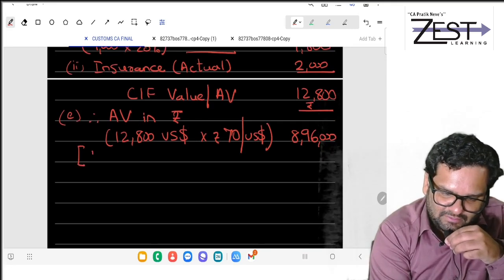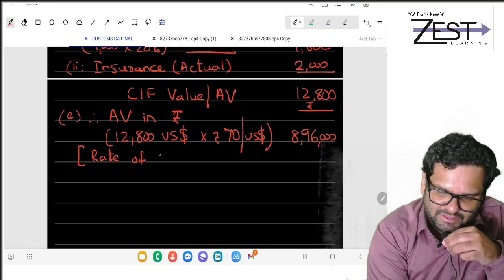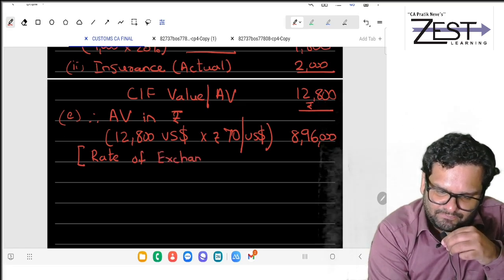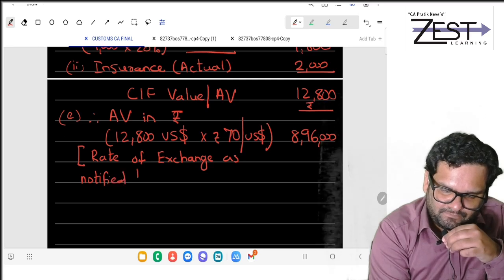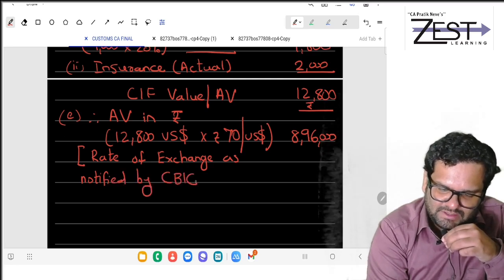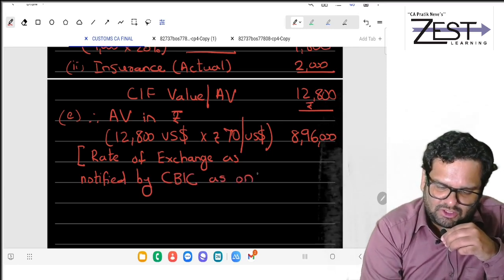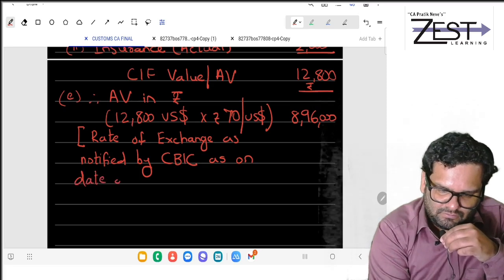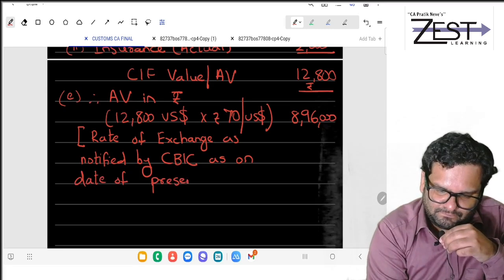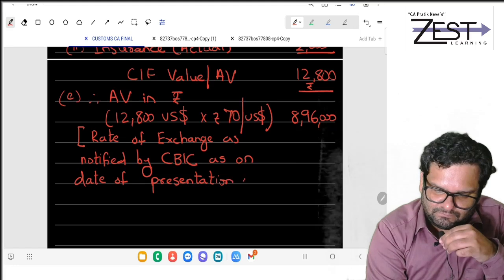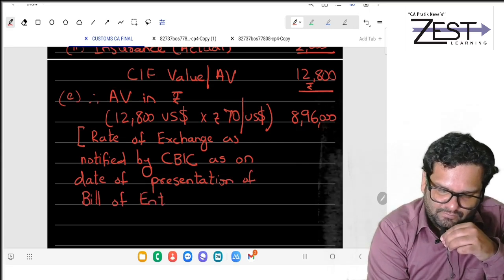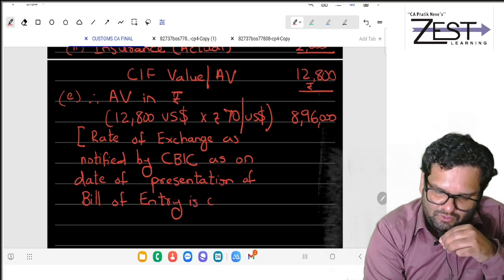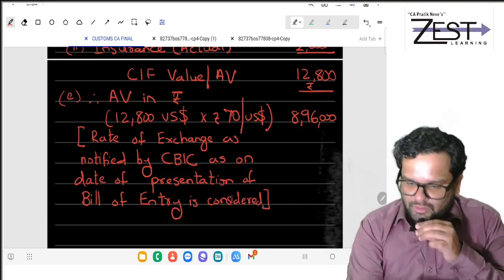Please note that the rate of exchange as notified by CBIC as on the date of presentation of bill of entry is considered. Did you get?